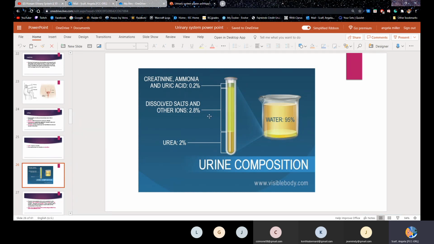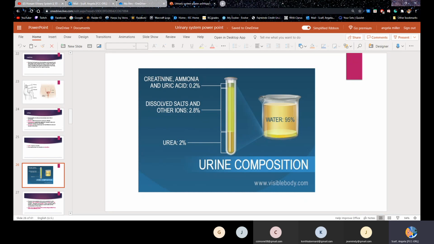But the rest of that other 5% is just other things like salts and ions and dissolved substances in the body. This is all considered waste.